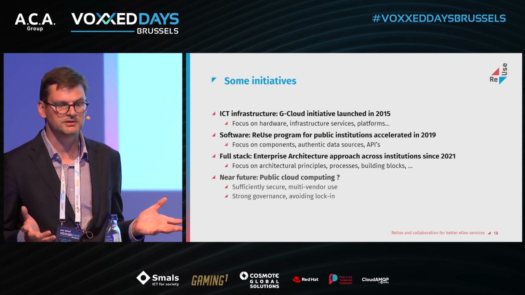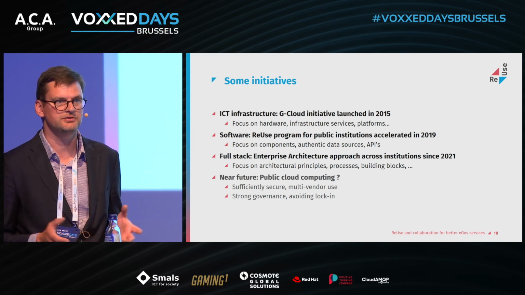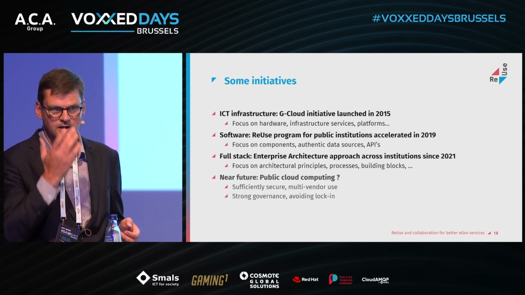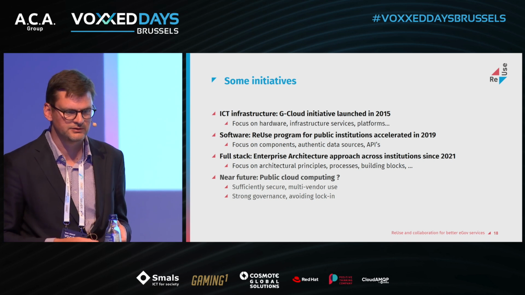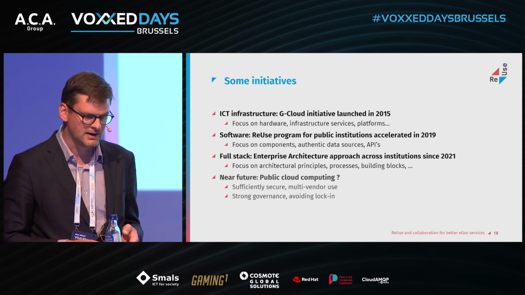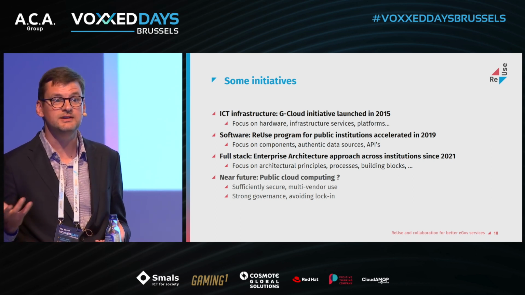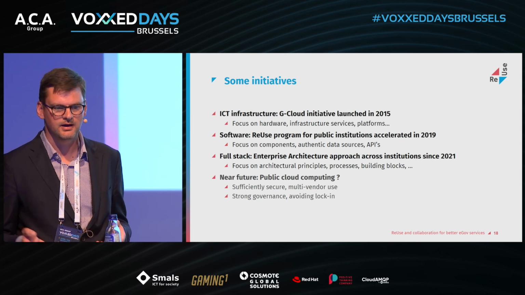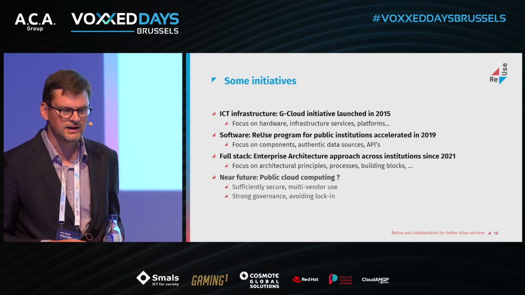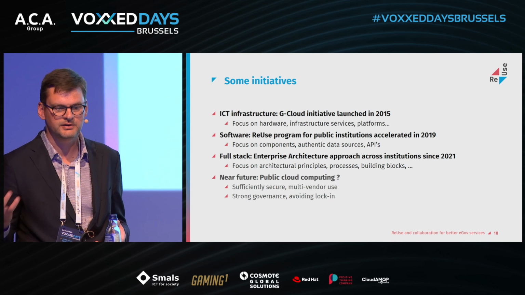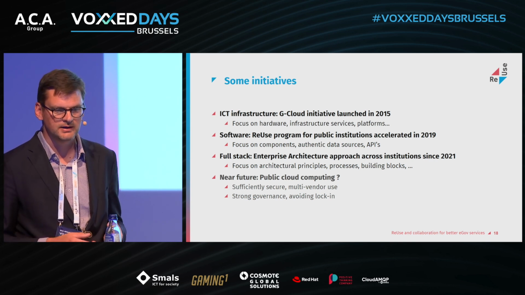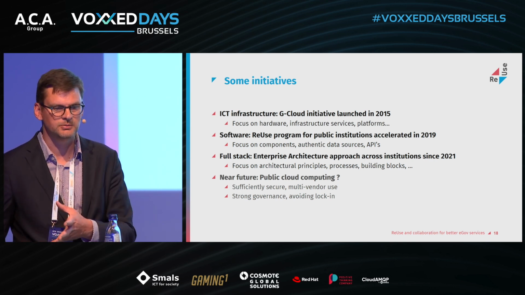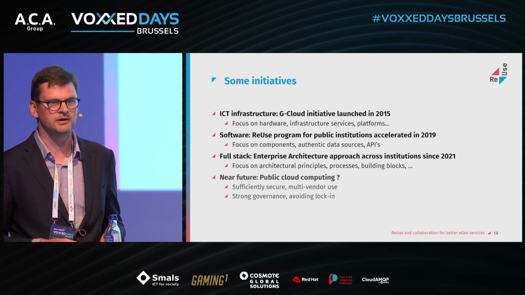It is called the GCloud Initiative. We have some data centers here in Brussels at different places. And that was the easiest way to share assets. Let's say we share hardware and infrastructure platforms. So that is quite common and quite commonly used at the moment.